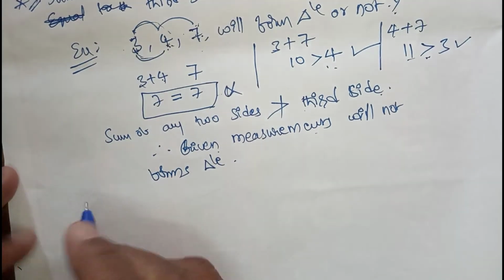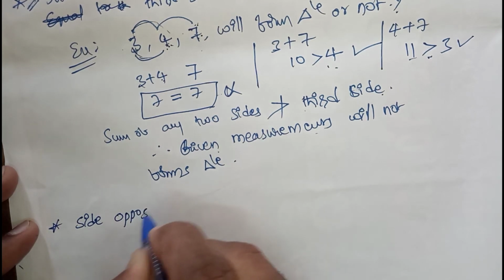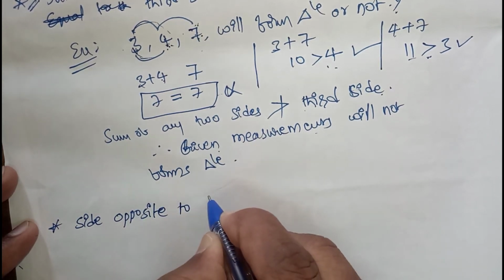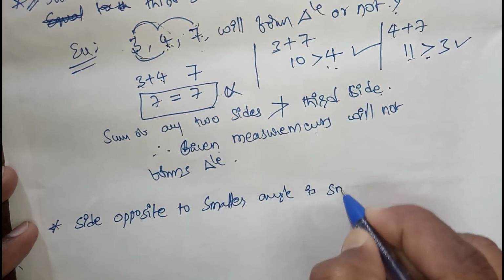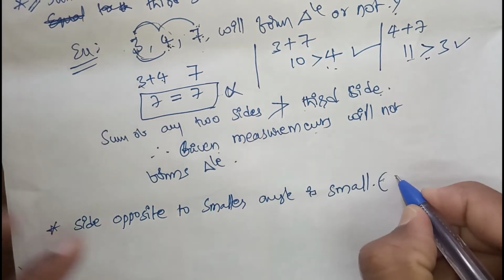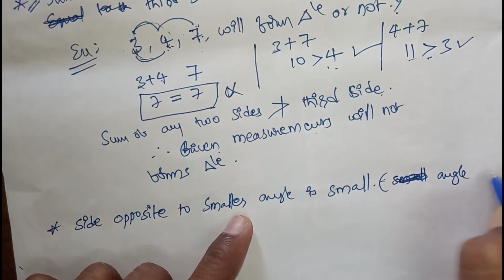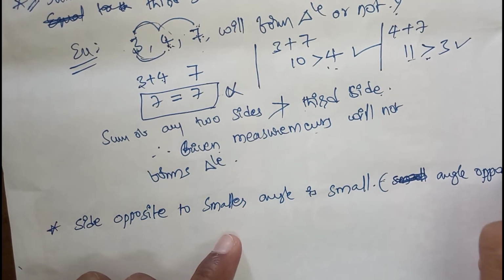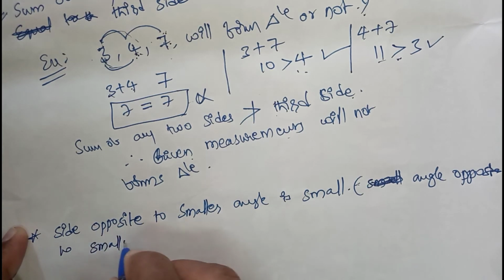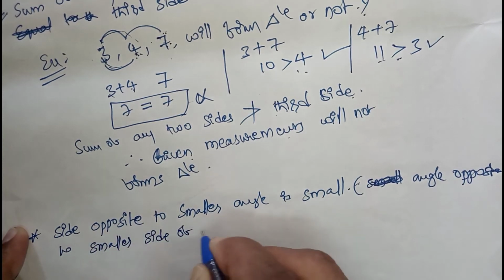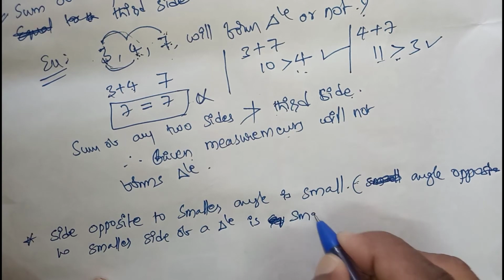And one more property is: the side opposite to the smaller angle is smaller. The converse of this statement is: the angle opposite to the smaller side of a triangle is smaller.